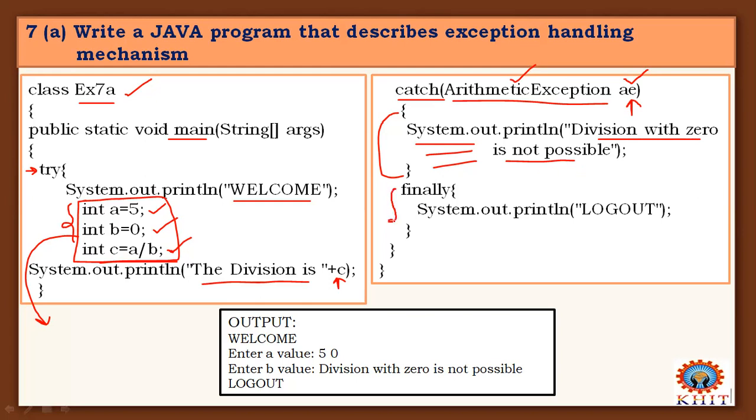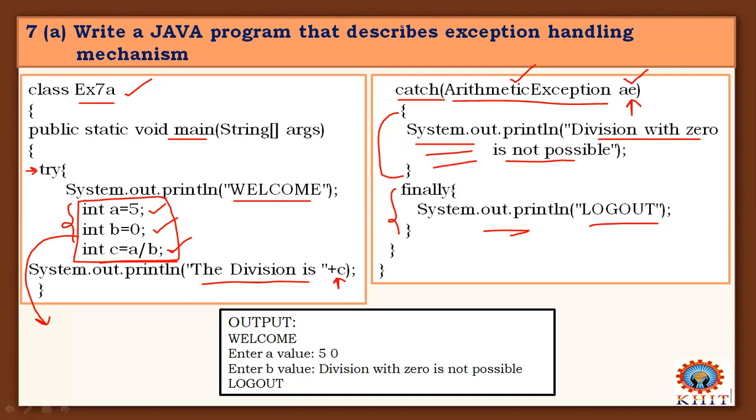And we have a finally block to display logout. Safely we are coming out of our program execution, not in an abnormal case. So this is a very simple mechanism of handling an exception.